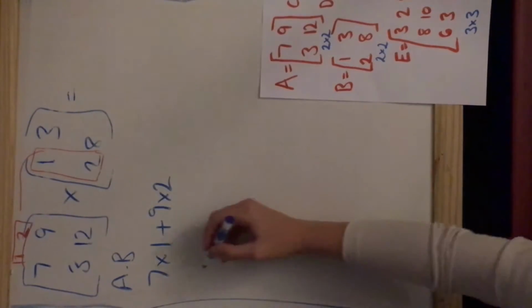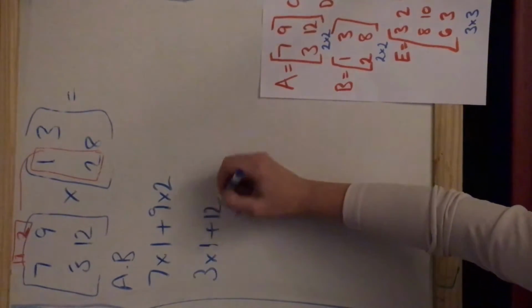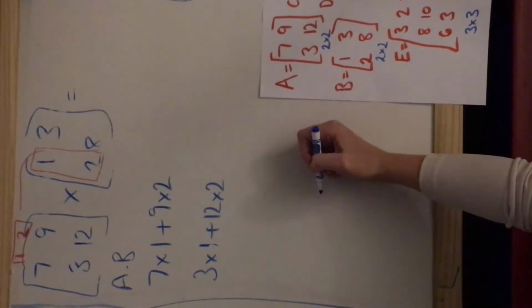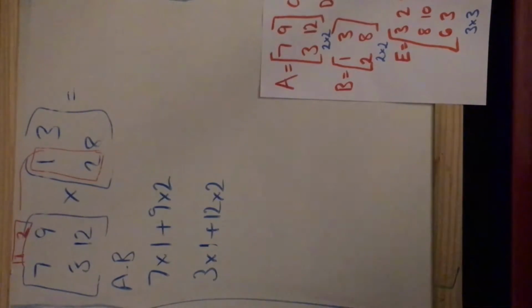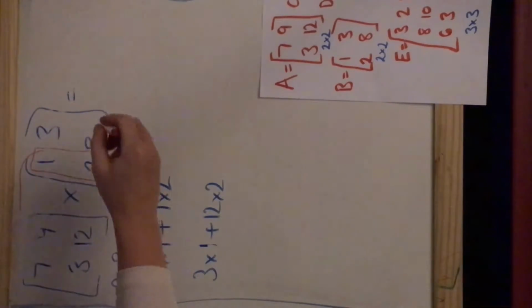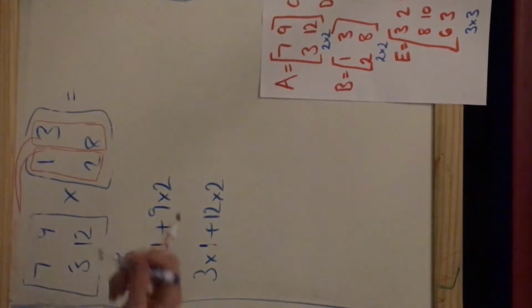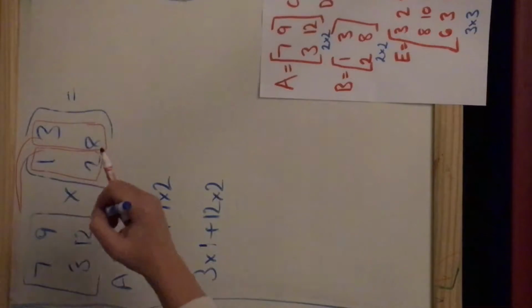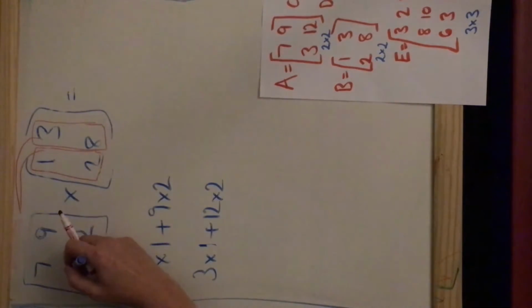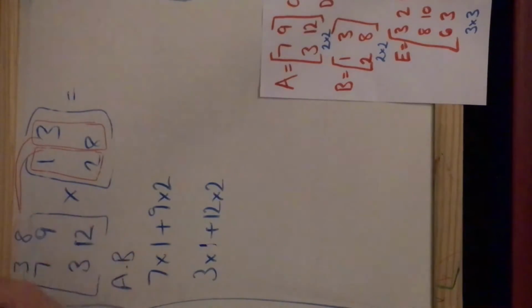We do the same again for the bottom number, so we would do 3 multiplied by the 1, and then we would add the 12 multiplied by the 2. For our next one, we would change this to our second column. So we would take the 3 and the 8, and again imagine that a bus moves to here, so then we would put 3 and 8, so that's our second column.